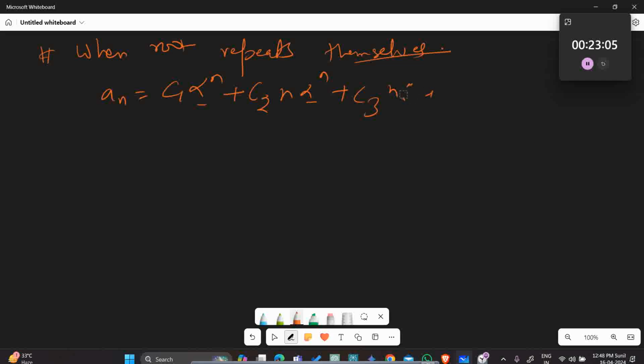Not n minus 1, it is n square alpha to the power n and so on like that. Then plus ci beta to the power n like that. Alright.